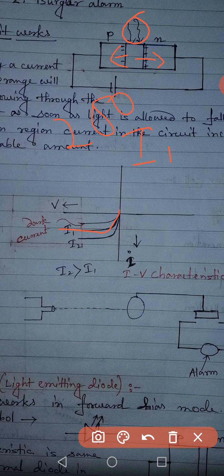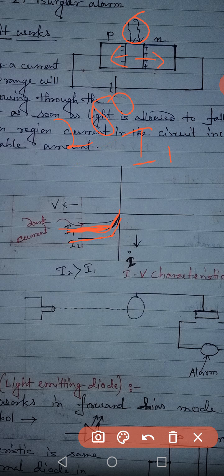Of course, there will be no increase in current anymore. So that is why we get this steady region, which is called the saturation region. But if you increase the intensity, the current will be higher, but it will again reach saturation, because now instead of 200, suppose this time 300 electron hole pairs are generated, but as all the 300 reach their respective sides, the current in the circuit will be steady.